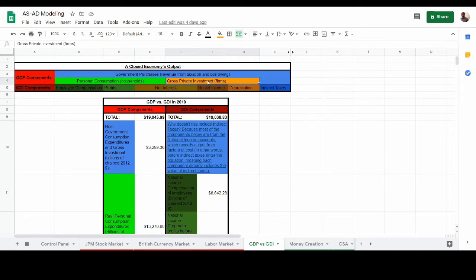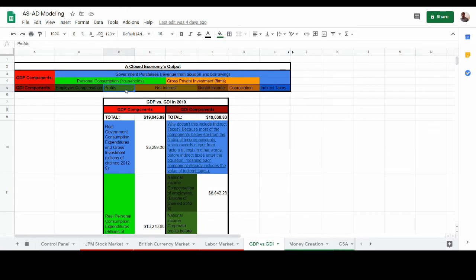On top of that, or in comparison to that, we have GDI components. And the GDI components are employee compensation, profits, net interest, rental income, depreciation, and indirect taxes. So employee compensation is kind of self-explanatory.